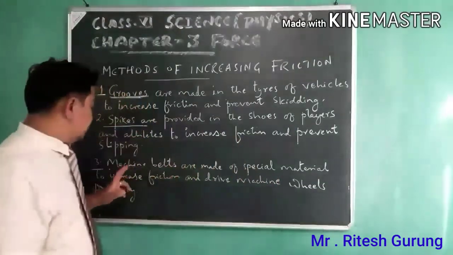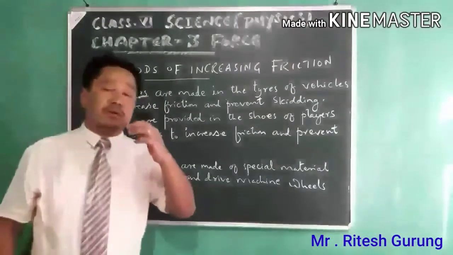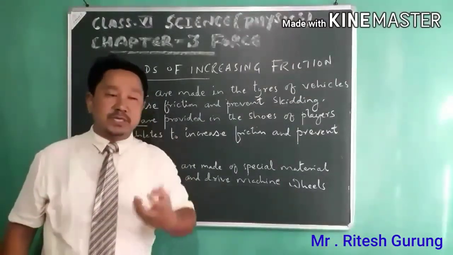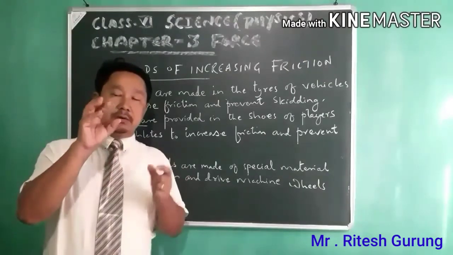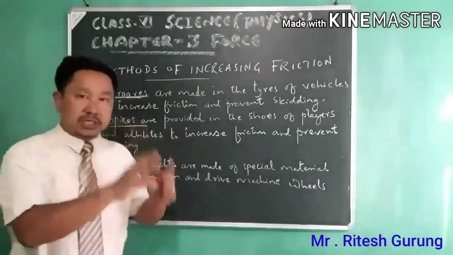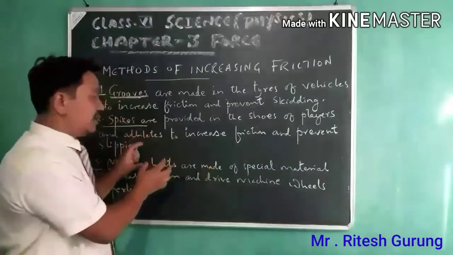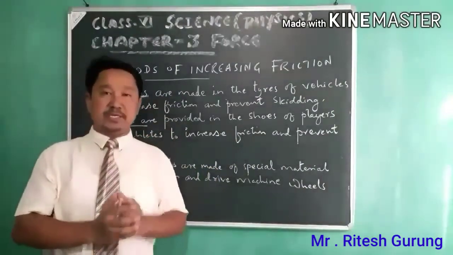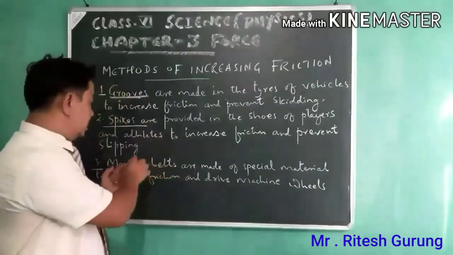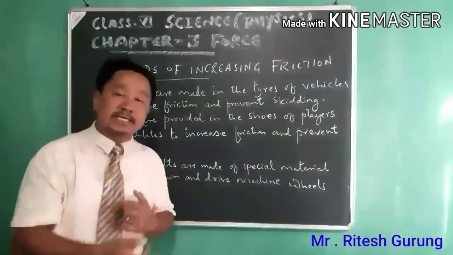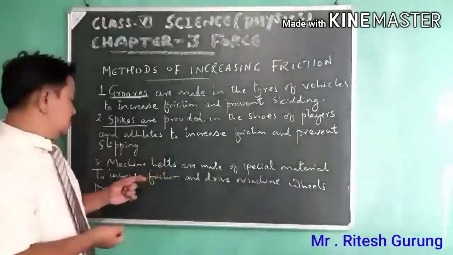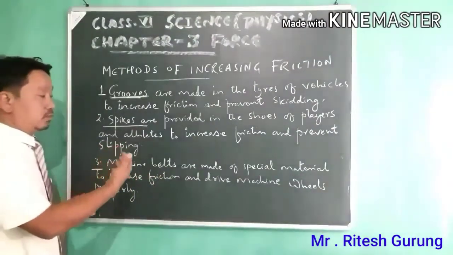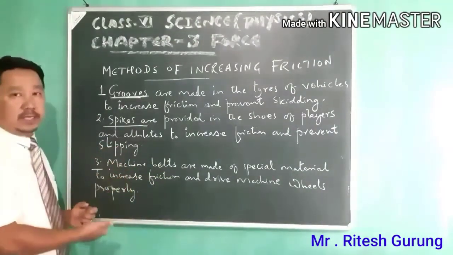But these machine belts are made of special material with a lot of dotted structures, which make these belts very rough, which means the roughness of the machine belts increases the friction, so that this machine works properly.